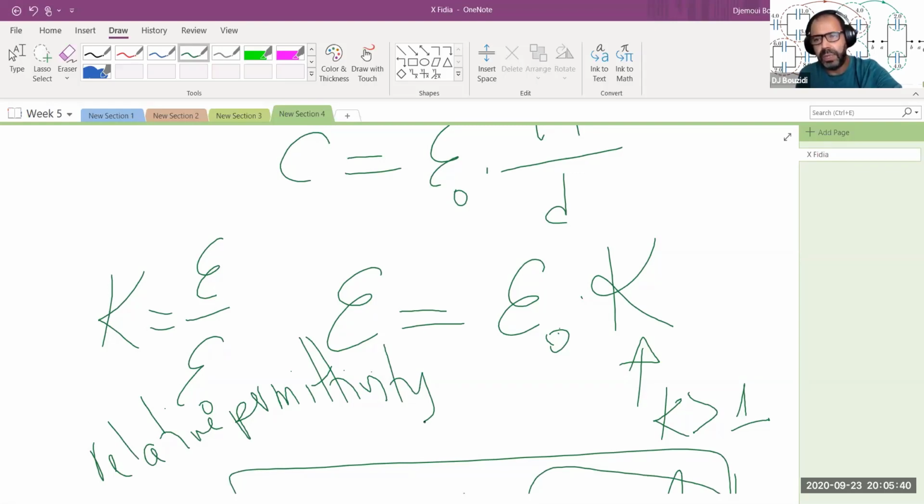The more easily it is polarized, the higher this value. For Teflon, it was 2.1, and for different materials, you can go on and on. So that's basically in a nutshell what the advantage of that is.